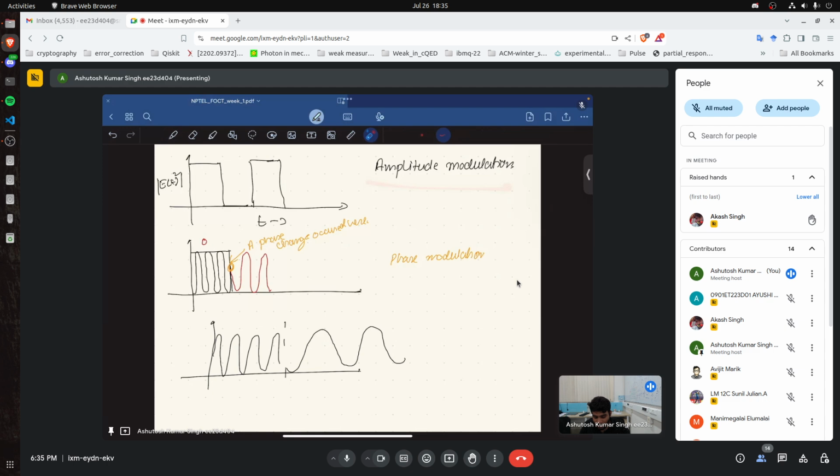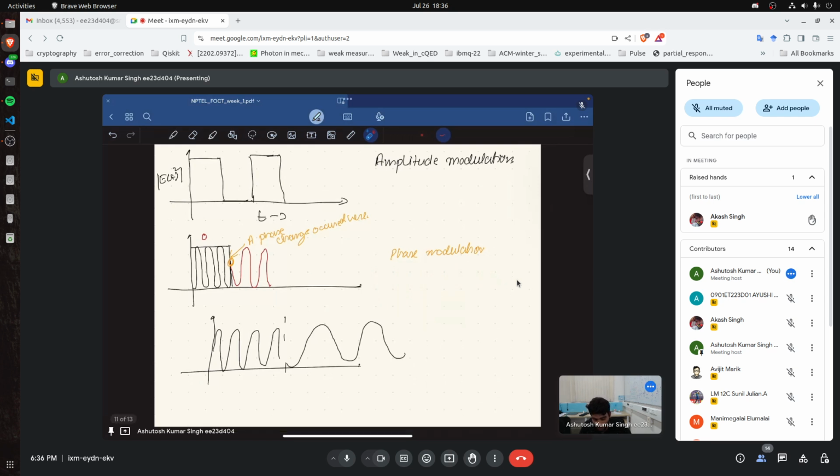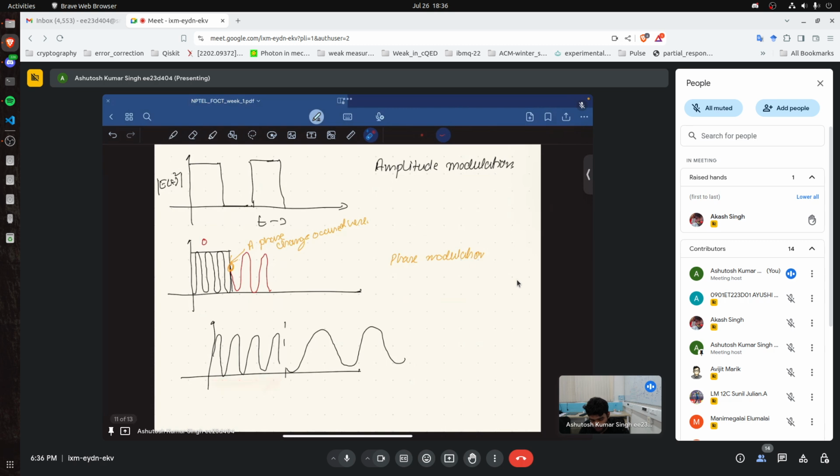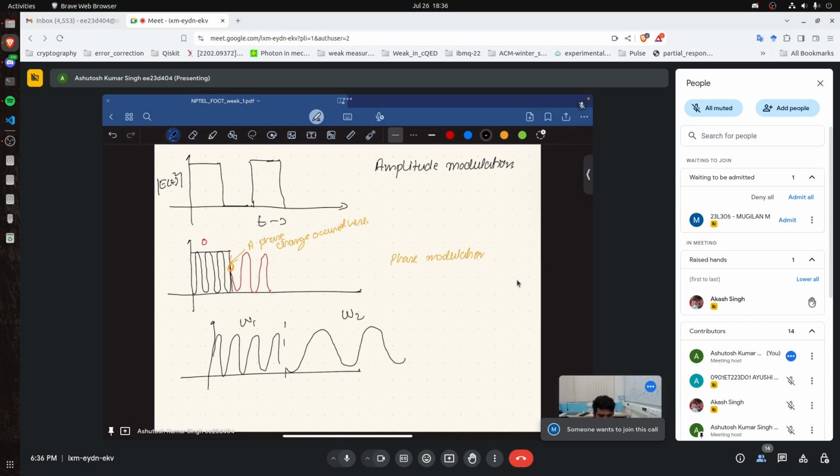If I am changing the phase, like in this case, it should have been like this, but because of abrupt phase change, it started doing like this. So at this point, I should have something that should be able to detect the phase. Similarly, if there is frequency change, where you have two kinds of frequency, omega 1 and omega 2, you should be able to detect changes in these frequencies.